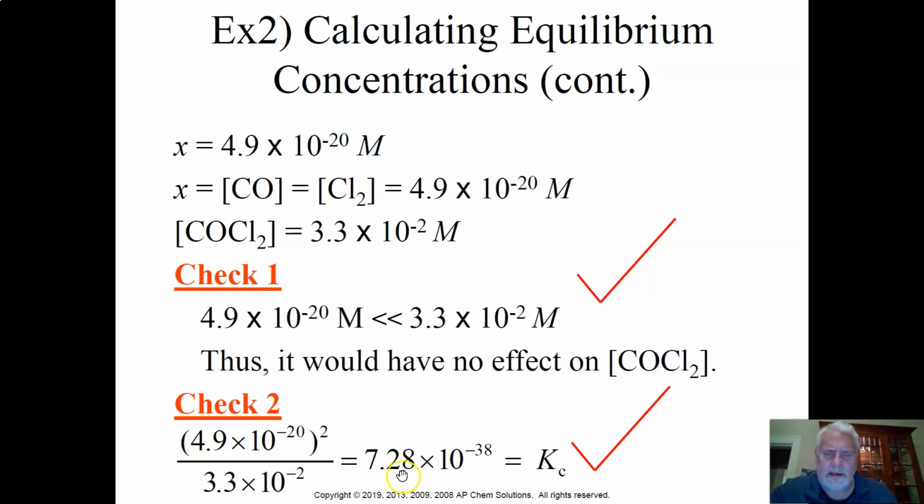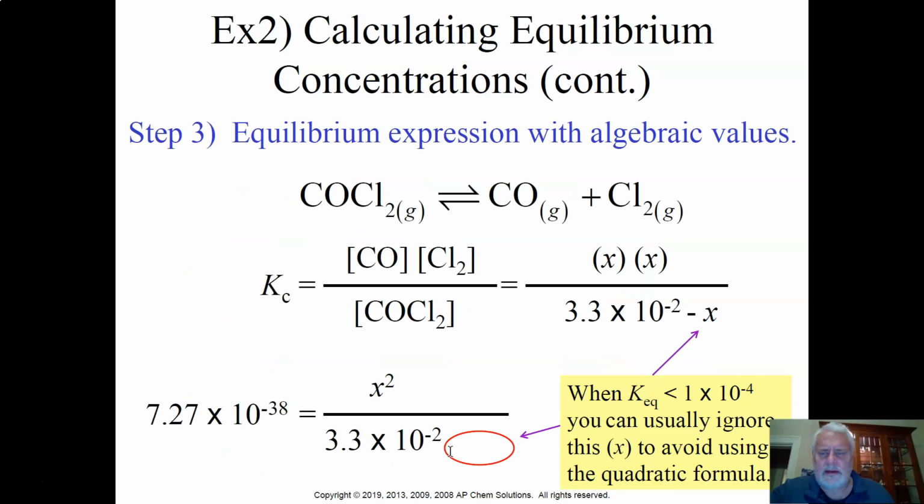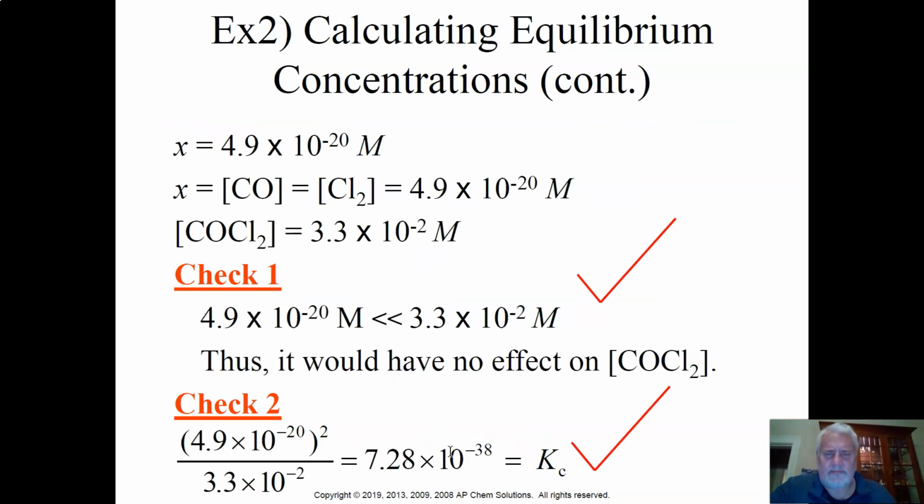Not sure where they got the extra sig fig here. 2, 2, and then this has 3. I would call that 7.3 times 10 to the minus 38. And if you go back, they had 7.27. So to our degree of accuracy, yeah, that worked real nicely.